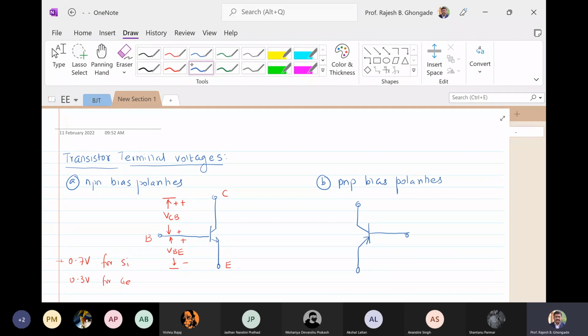So you have this as the collector, this as the emitter, this is the base, and the voltage polarity is like this. We call this VBE itself, obviously. But the polarities now are like this. Similarly, in this case, it will be VCB. This will be more negative.